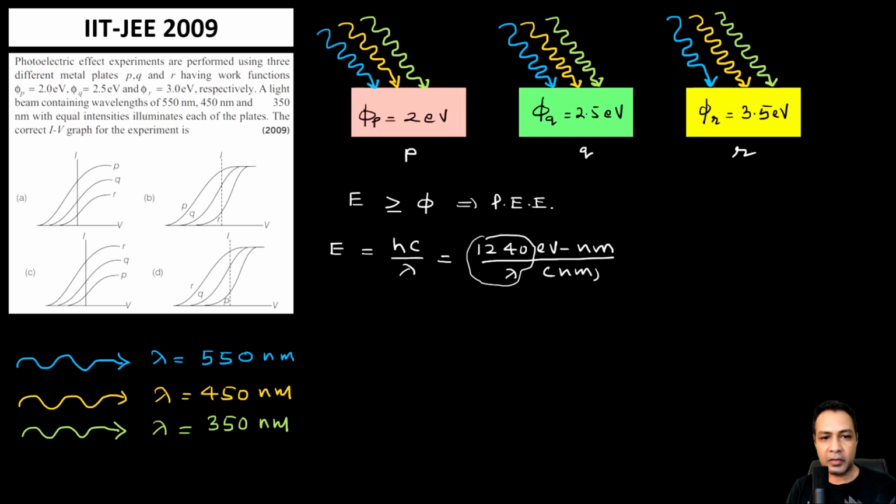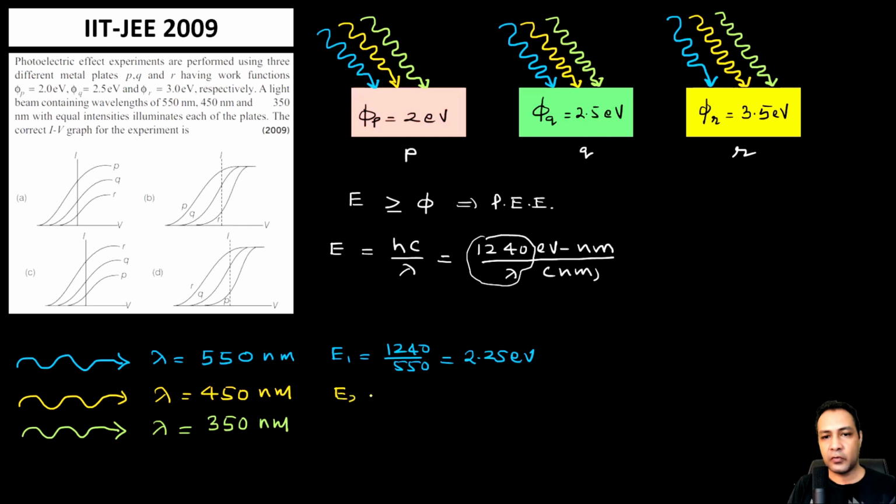So let's try to find the energy of each photon of the three components of the light beam. For the component of wavelength 550 nanometer, energy is 1240 divided by 550, and that will come out to be 2.25 electron volt.